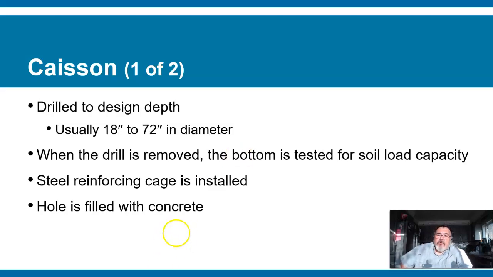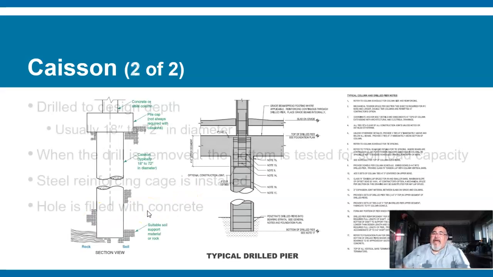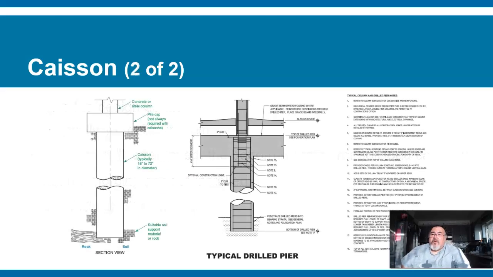And knowing that it will hold and carry a load capacity. And then a steel reinforced cage is installed and the hole is filled with concrete. So that's what a caisson is. You fill a hole and then drop a cage of steel in there.